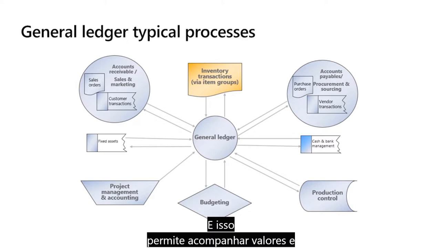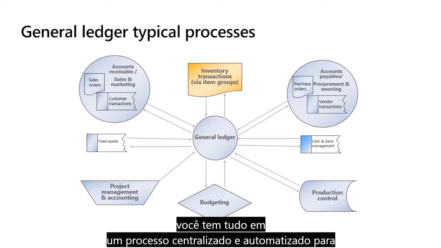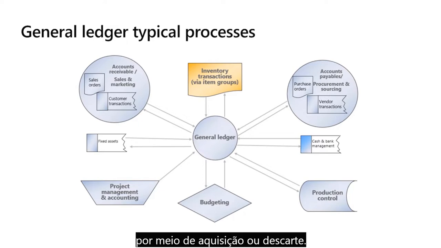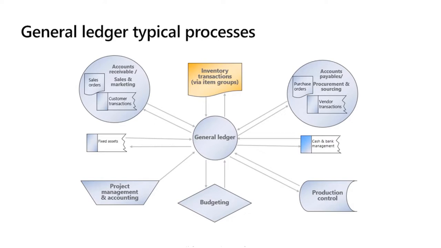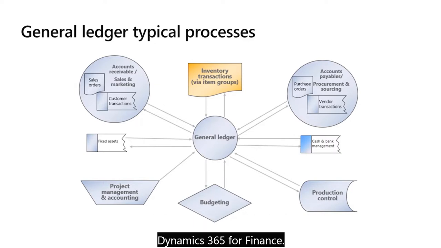And what it does, it allows you to track values and reduce reporting errors because you have everything in a centralized automated process for managing all of your capitalized assets, whether it's through acquisition or disposal. Now, on the screen, I actually have an example of how the general ledger works within Dynamics 365 for finance.